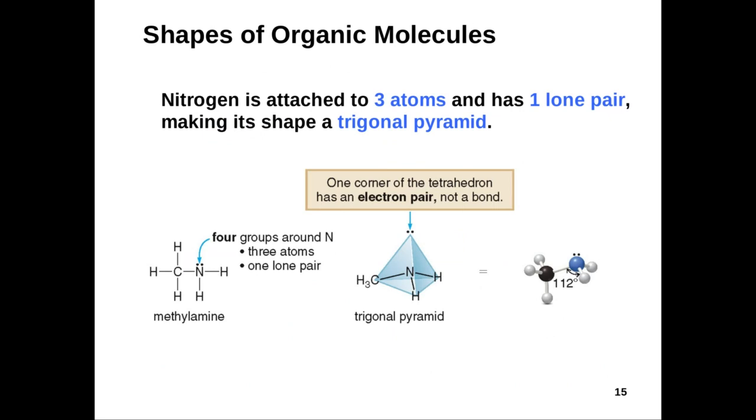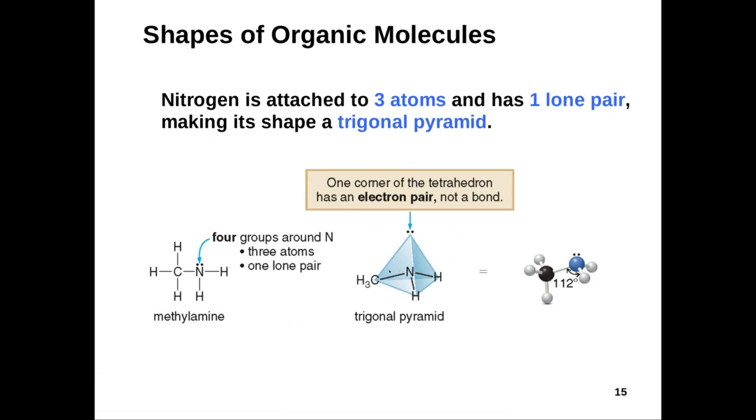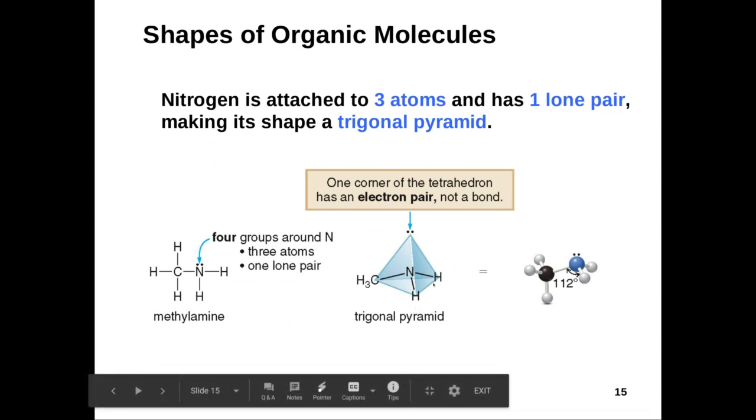Now, nitrogen is a special case here. Nitrogen likes to bind to 3 atoms. As we discussed, remember nitrogen has 5 valence electrons, so it likes to bind 3 times to get to that magic number of 8. Now, nitrogen, when it's bound to 3 things, has a lone pair of electrons, and so when we're drawing, nitrogen does take a trigonal pyramid shape where the carbon comes off one side and the hydrogens come in plane as well as towards you.